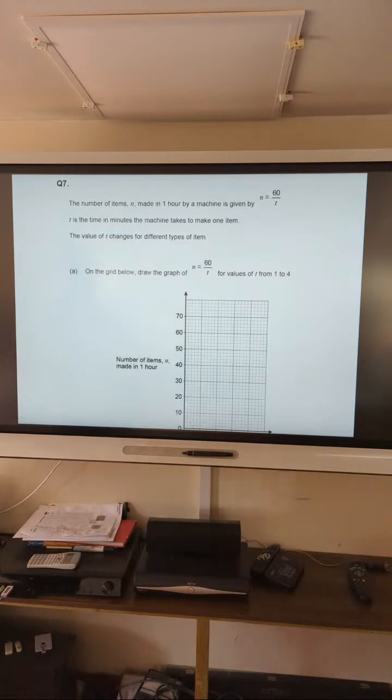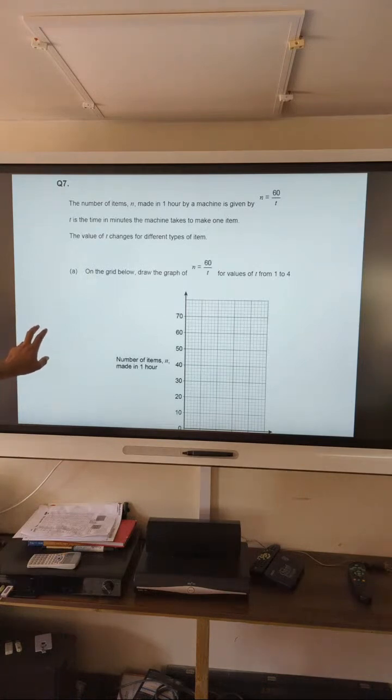Right, okay. The number of items n made in 1 hour by a machine is given by n equal to 60 divided by t, where t is the time in minutes the machine takes to make one item.